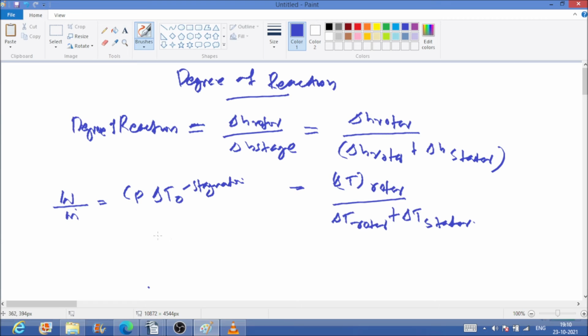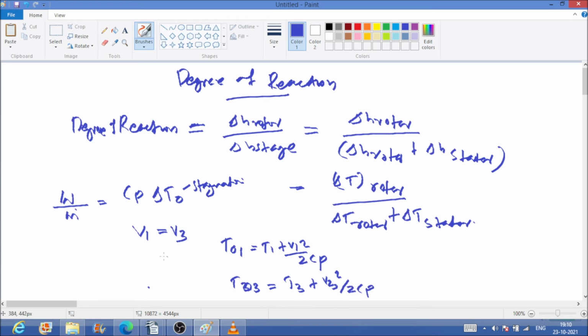Now suppose the absolute velocity in the initial stage V1 is equal to V3. I have the stagnation temperature T01 equal to T1 plus V1 square by 2 Cp, and T03 equal to T3 plus V3 square by 2 Cp.